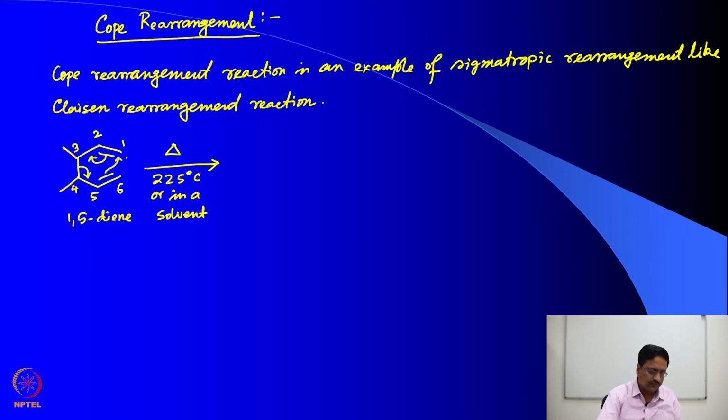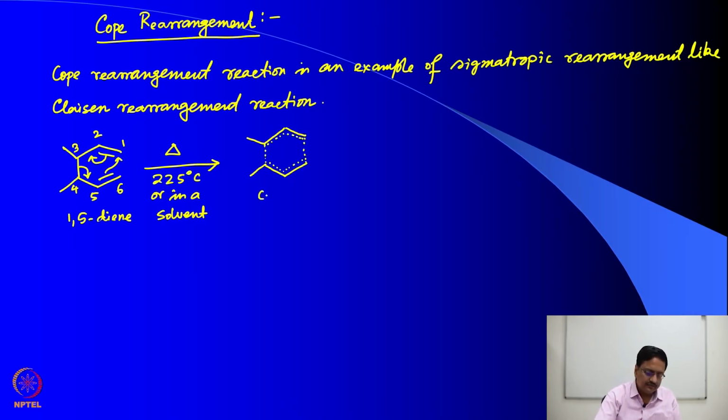and a few bond making and bond breaking processes take place simultaneously. The transition state that I am drawing here has a few dotted bonds, which means either those bonds are forming or those bonds are breaking.